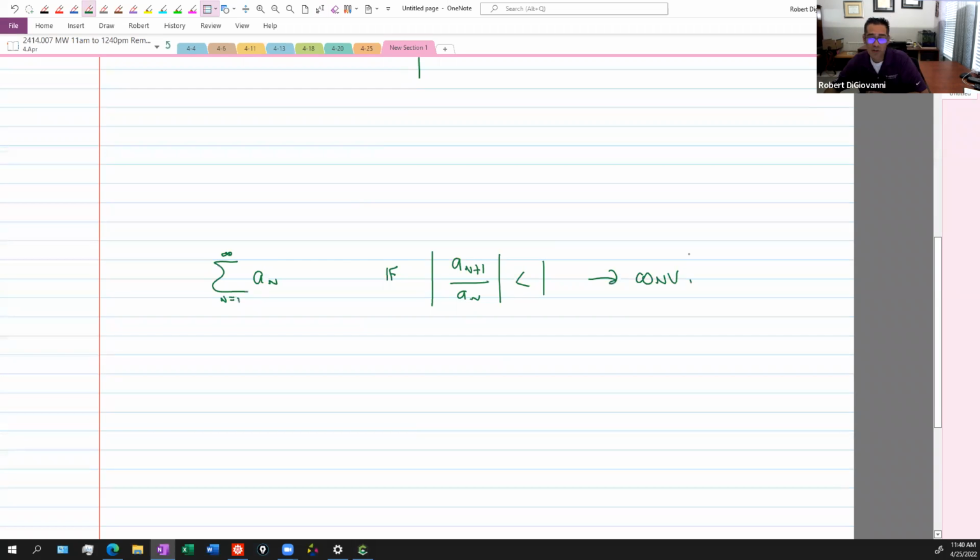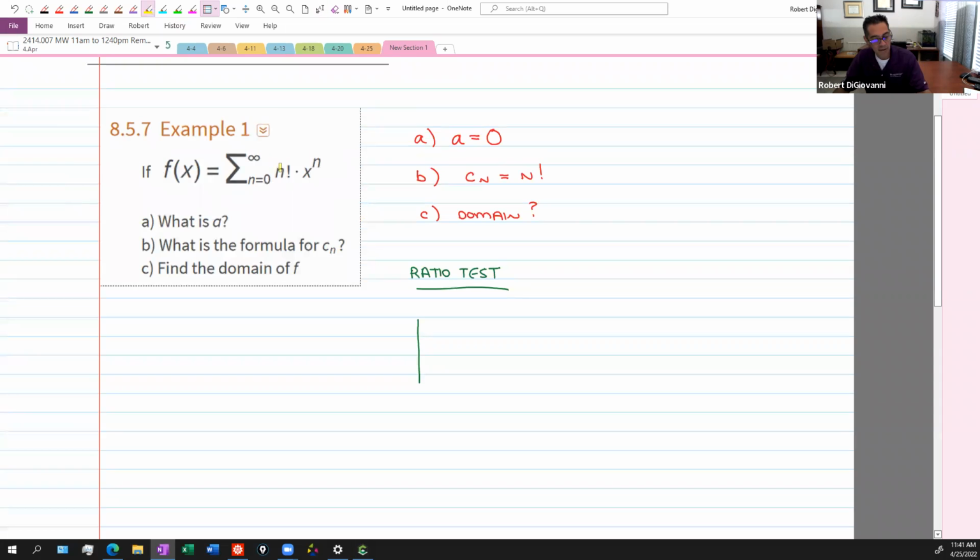That's what the ratio test said. And this a sub n was the formula inside the series.